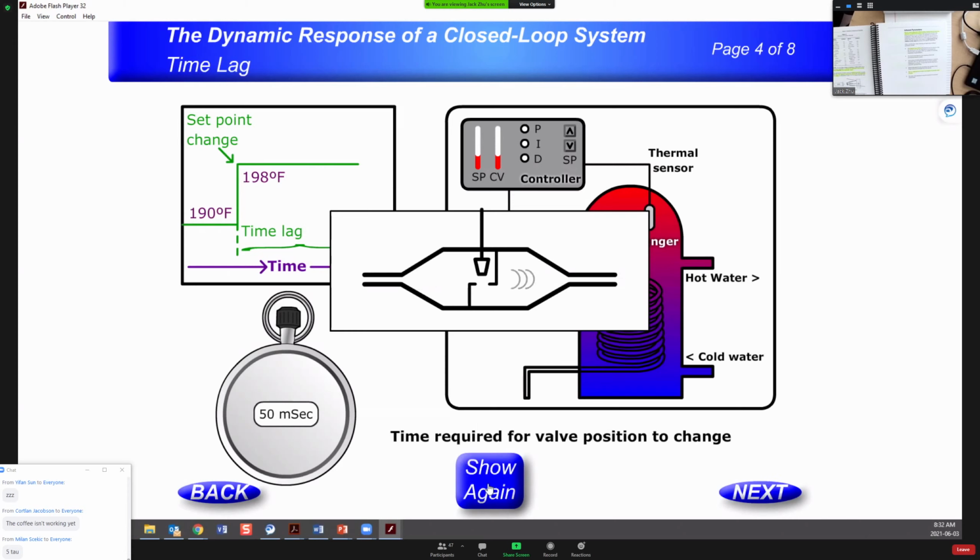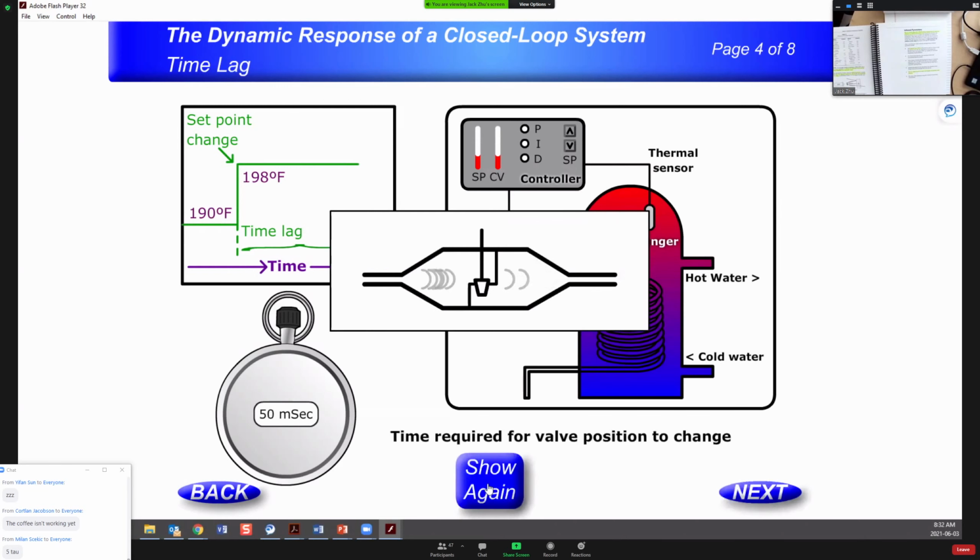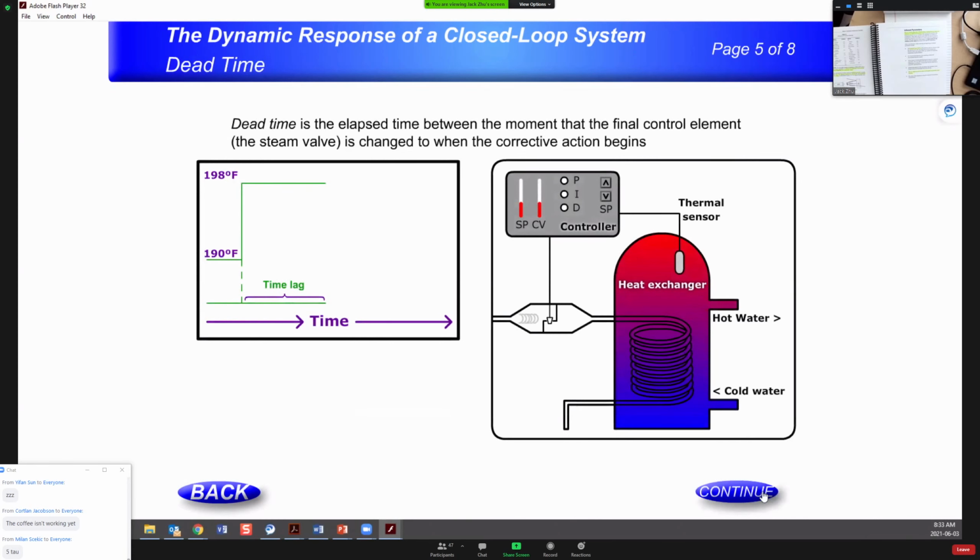So let's try to see this again. Now we can see there's something called the dead time.